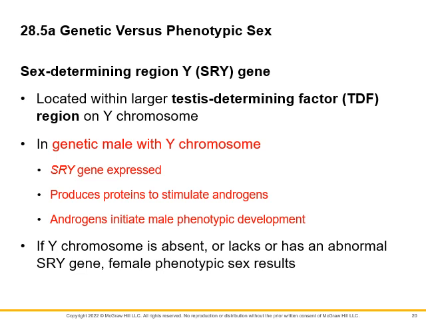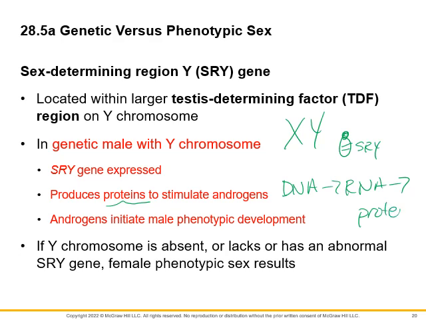In males, remember males are XY, on the Y chromosome, there is the SRY gene. This gene produces a protein. Remember, DNA, RNA, codes for protein, right? So that gene, if it's expressed, produces proteins that stimulate androgens.